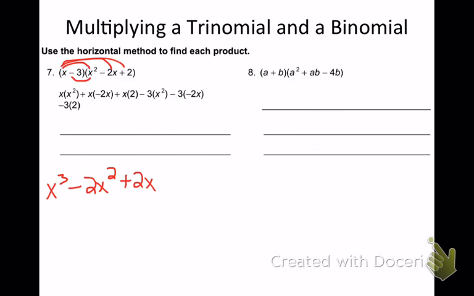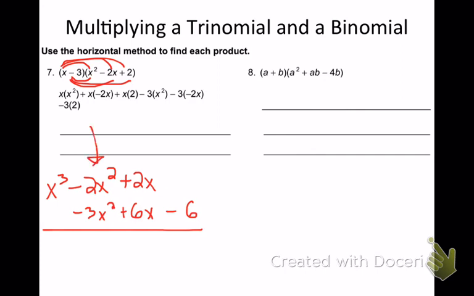Good work. Now I'm going to the bottom here. What's negative 3 times x squared? Negative 3x squared. Negative 3 times negative 2x. And then negative 3 times 2. Now, who can tell me why I wrote it like this? So you can see where my like terms are.